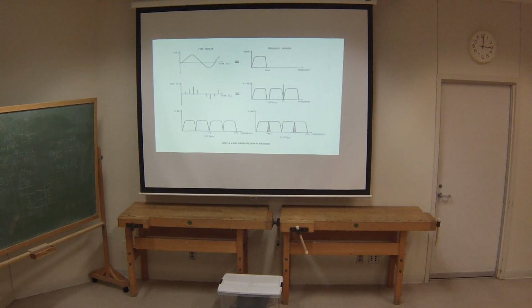In the process, he developed something called Nyquist's theorem, which basically says that to get an accurate reproduction of your signal when you digitize it, you must sample it at least 2 times as fast as the maximum frequency.